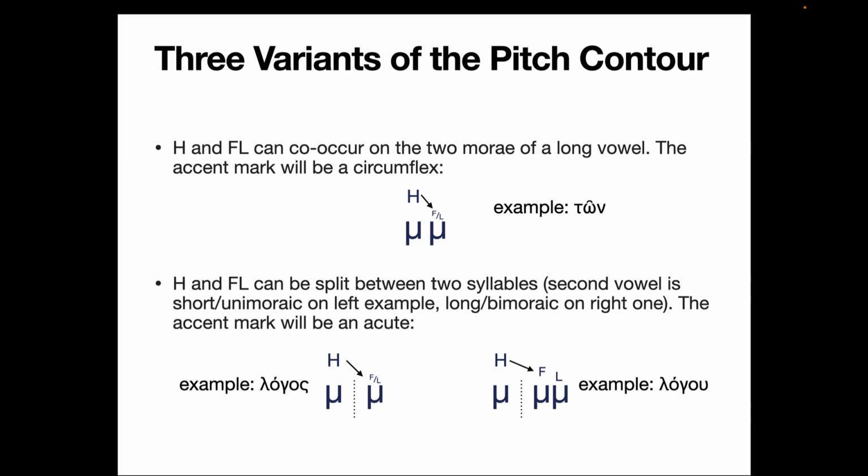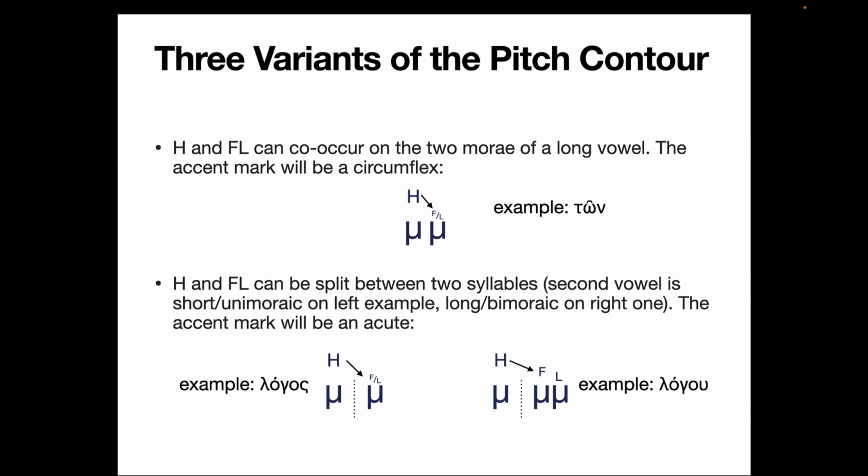They can also be split between two syllables, that is, between two different vowels. And I've given you the two possibilities here. One is that that next vowel only has one mora, like in logos. So that ultima, that "gos" syllable, is only one mora. So the high tone is on "lo," and then you get "gos," and then you have the falling to low occur on that mora.